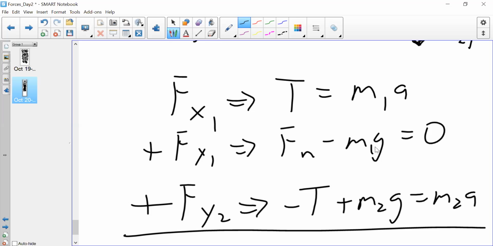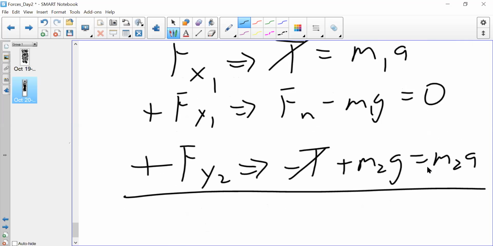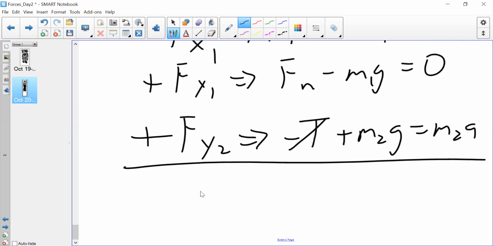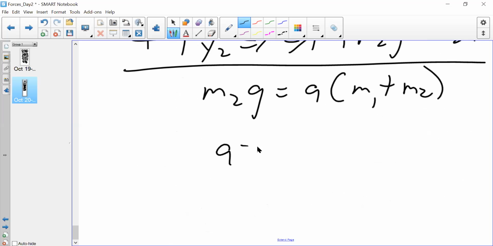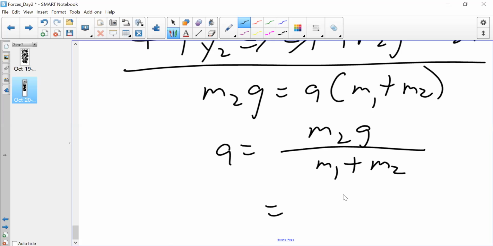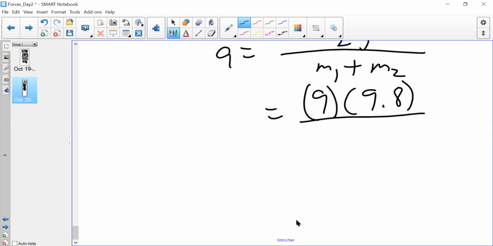So this is unimportant. These tensions cancel, very convenient. And we're just left with m2g equals (m1 plus m2)a. Seems good, huh? a equals m2g over m1 plus m2: 9 kilograms times 9.8 divided by 14. And that's roughly 90.